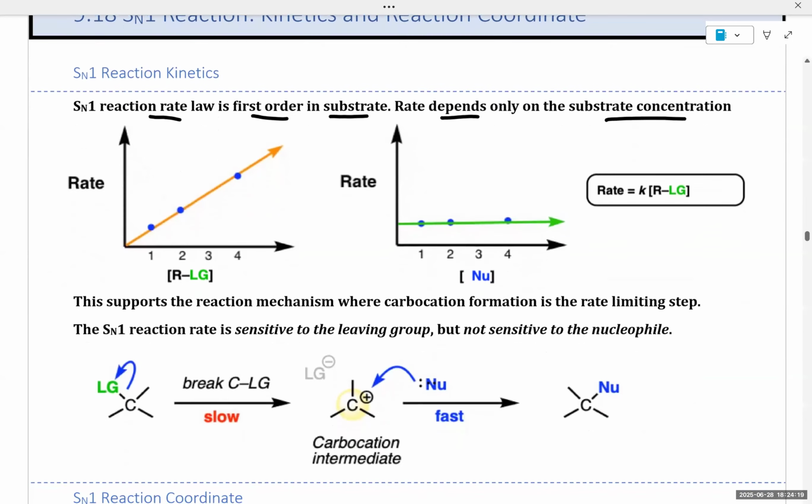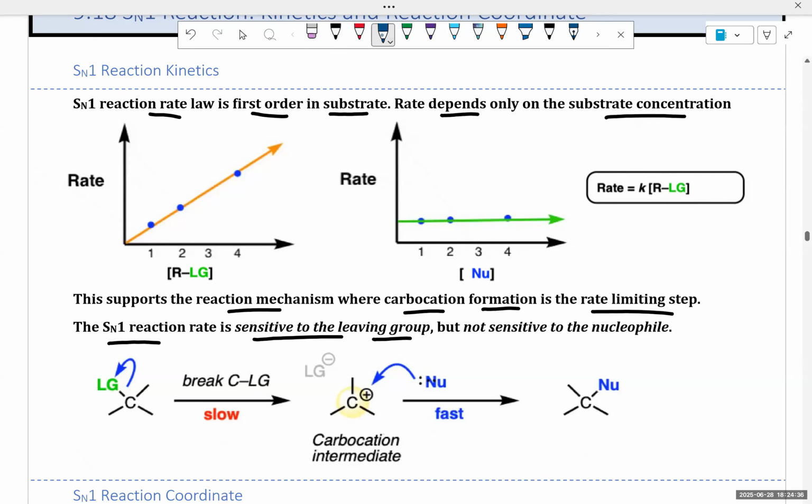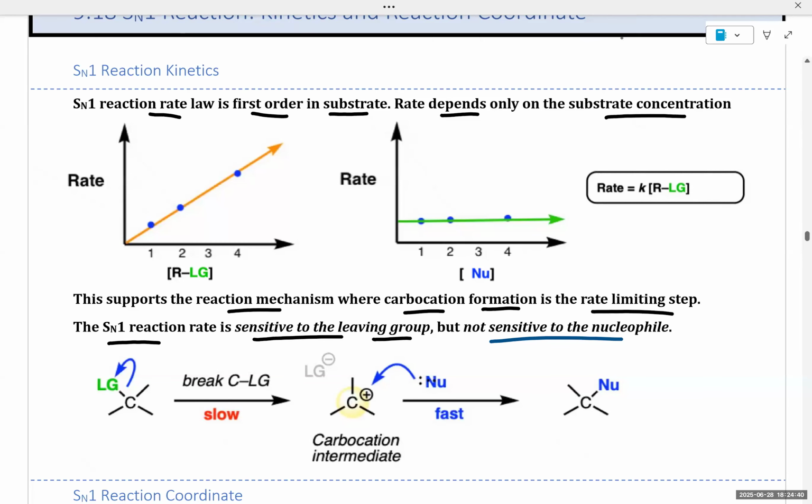This makes sense considering the reaction mechanism notes that carbocation formation is the supposed rate-limiting step in the reaction mechanism. The SN1 reaction rate is highly sensitive to the leaving group, but it is not sensitive at all to the nucleophile, not to an appreciable degree at minimum.